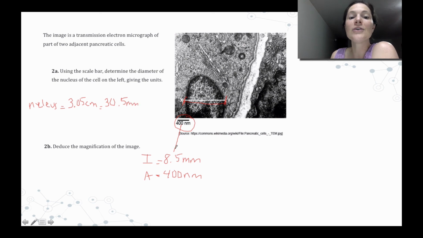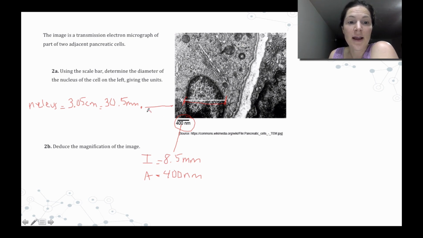And then here's the thing now. I can use this scale bar as a conversion factor. So I can say that 8.5 millimeters in the drawing is equal to 400 nanometers in real life, the actual size. So what I can do here is treat those as equal because they are equal in this drawing.